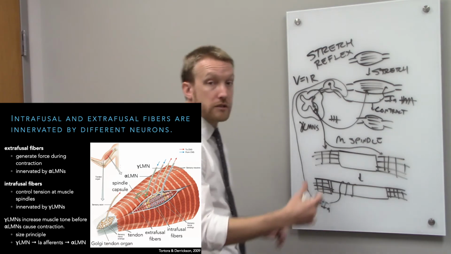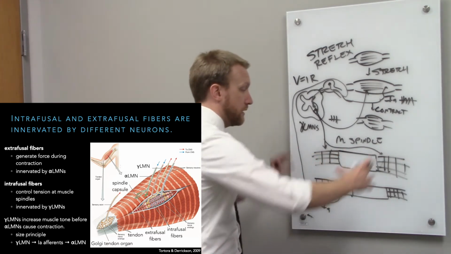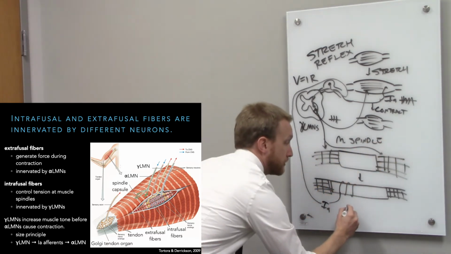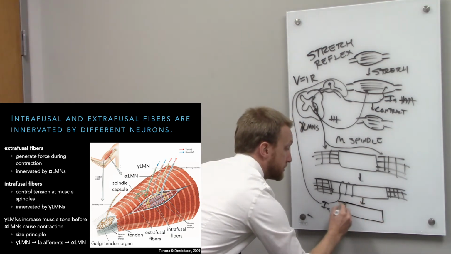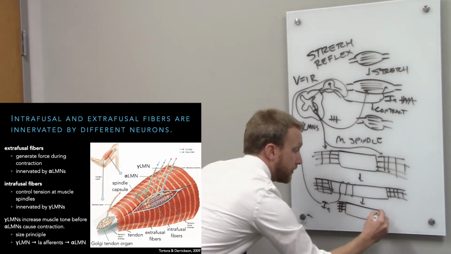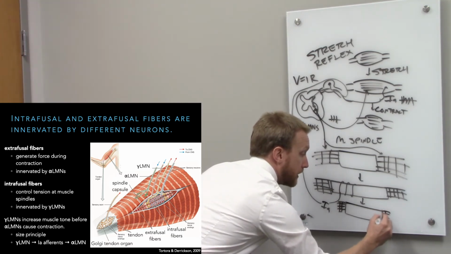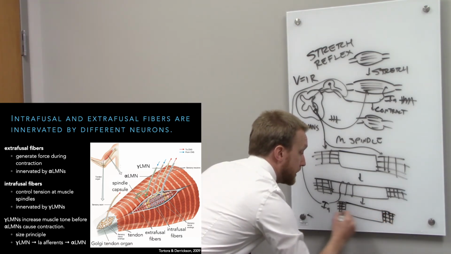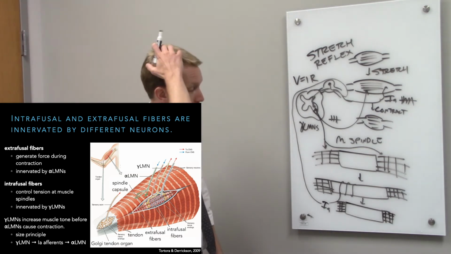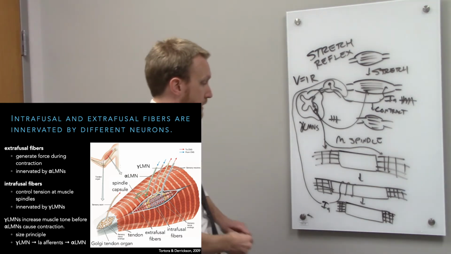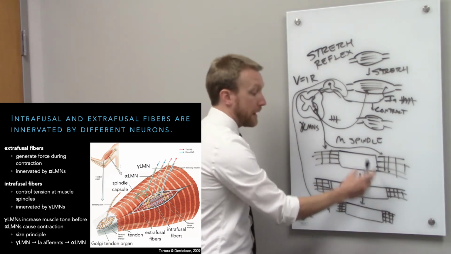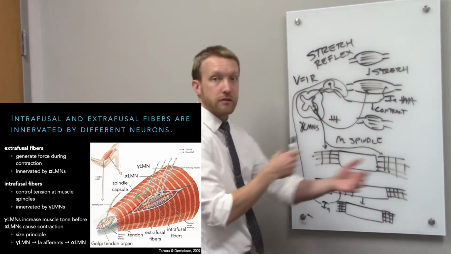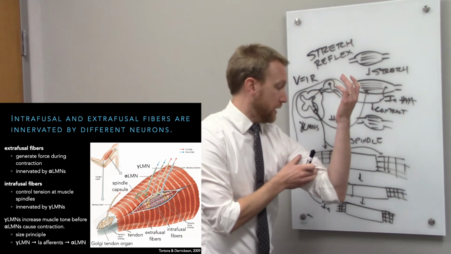So when the muscle contracts, that squeezes everything together, so my spindle comes back to the same size, at least the sensory section of it, and my intrafusal fibers stay contracted. So that I'm now where I started from, but my whole muscle has shortened in length.